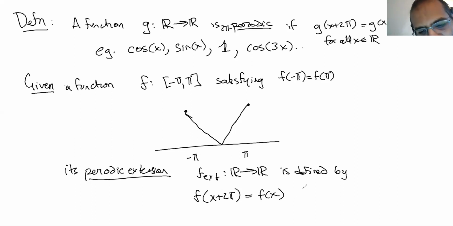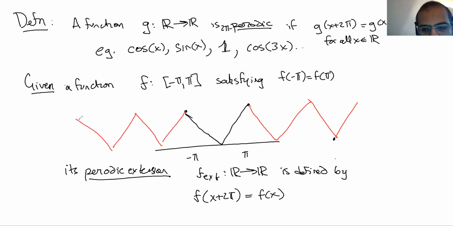All that's saying is, if you give me some x in the interval, I know what to do. If you give me some other x out here, I just add 2 pi until I end up in this interval and take that value. So I just copy this thing forever. It's uniquely defined by this, and f tilde of x equals f of x on the interval.